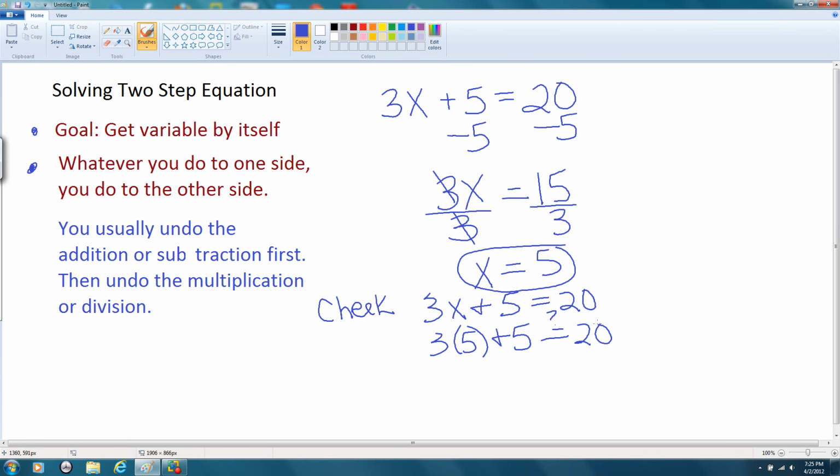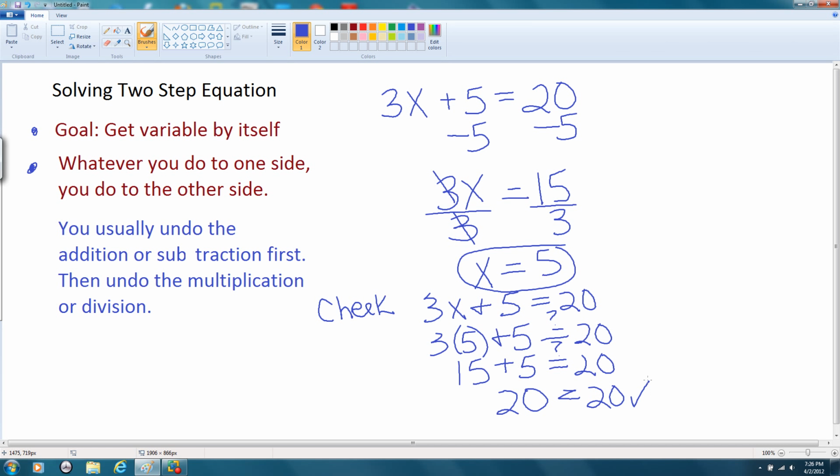And 3 times 5 is 15, plus 5, and we're testing whether that is equal to 20. And indeed, 15 plus 5 is 20. And on this side, we have 20 also. So we get a true statement that 20 is equal to 20, and that checks.